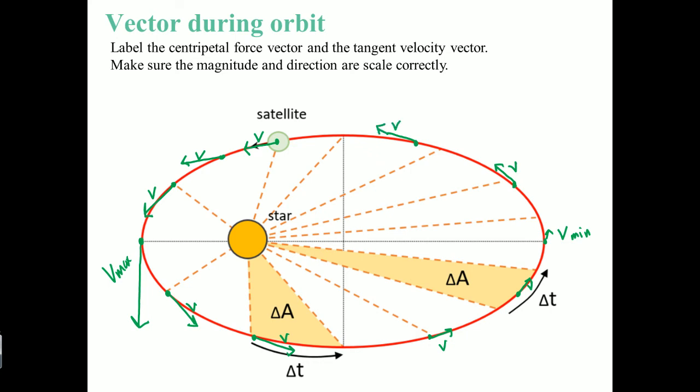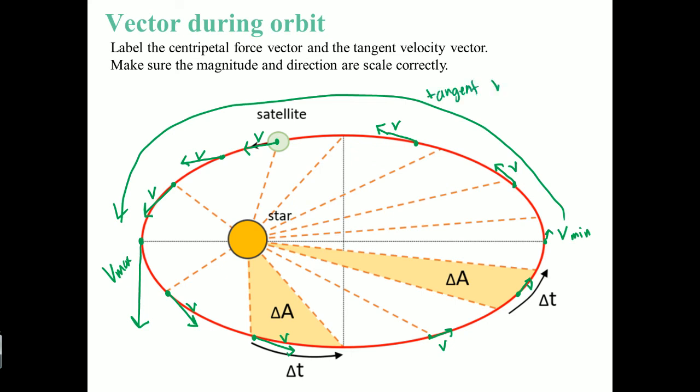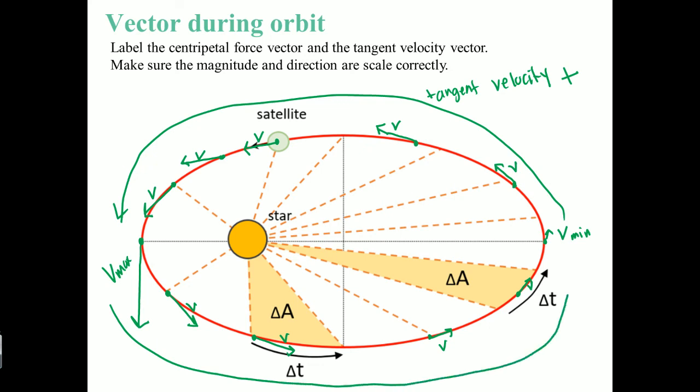All right. So from here to here, the tangential velocity is going to increase. Then from V max to V min, from here to here, the tangential velocity will decrease.